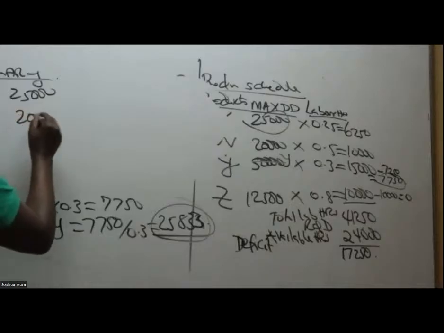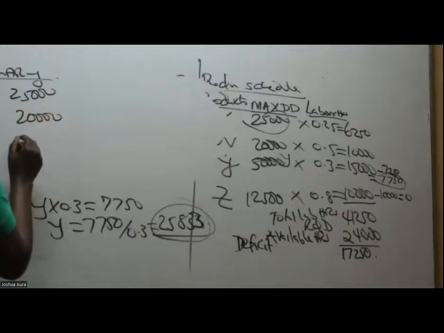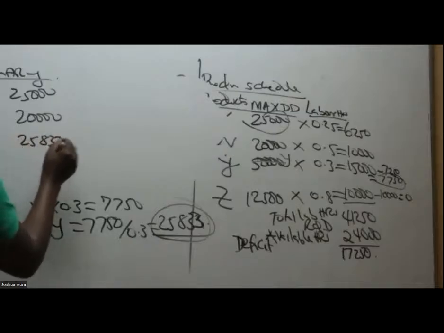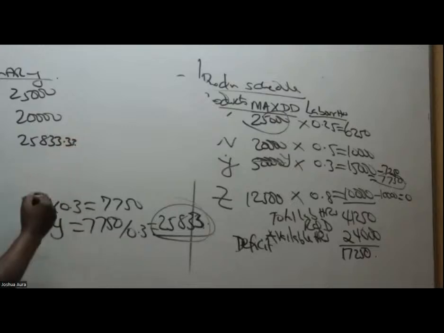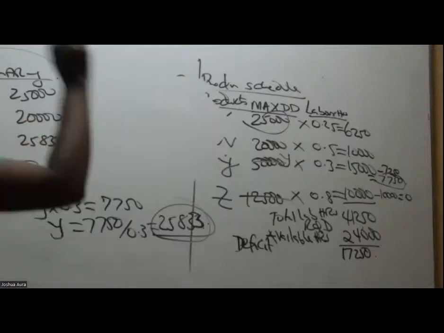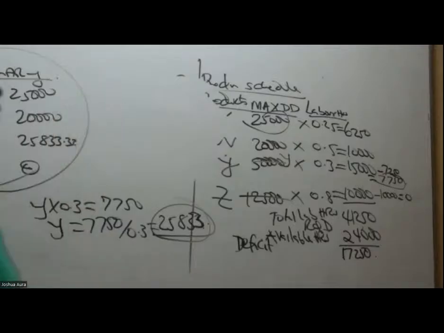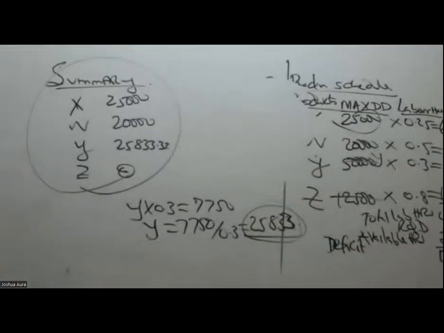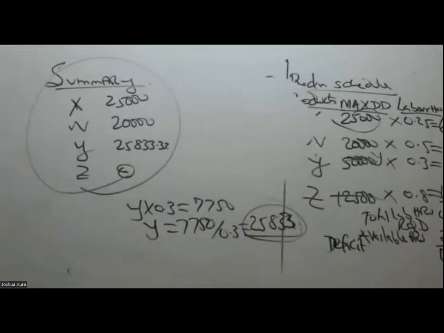Not Y, but W, 20,000. And then Y we shall produce, in this case, 25,833.33. And then, of course, Z, nothing you're producing. That is what was required of us.